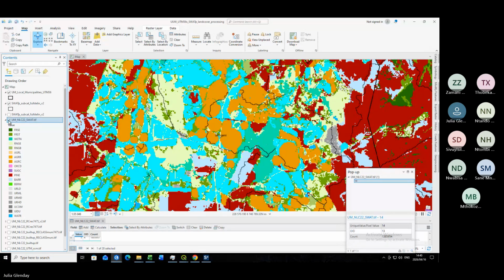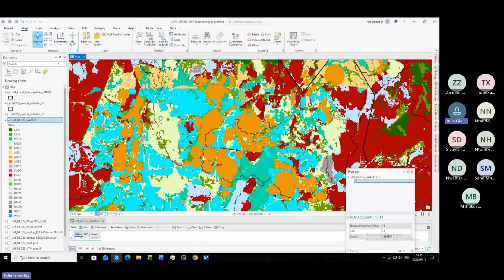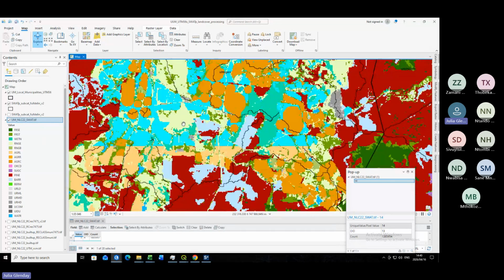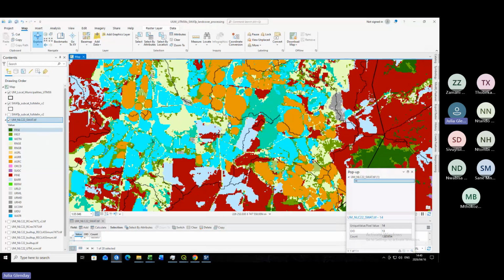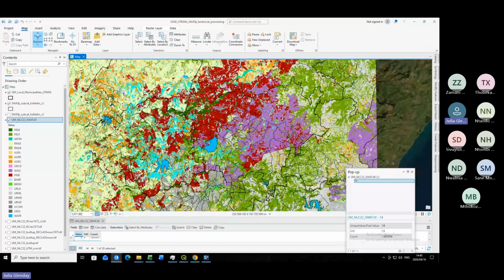Okay. Because I could assume that all of this is also maize and wheat. Let me zoom out. It seems to be mostly the boundary areas around the stuff that's mapped as the center pivots.